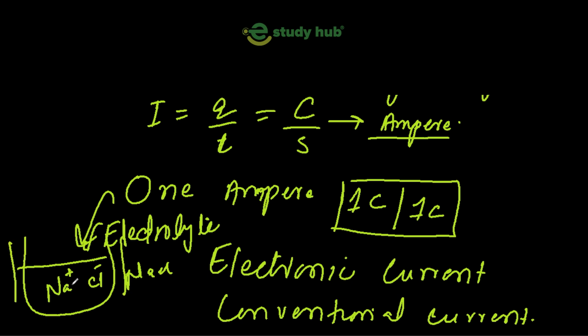When I apply a certain potential, current flows due to the sodium positive ions and chlorine negative ions as well. So in this case, the current is due to both positive and negative charges. Therefore, conventional current is not always wrong. It is completely wrong only in metallic circuits, where the current is only due to free electrons, so it cannot be applied there.